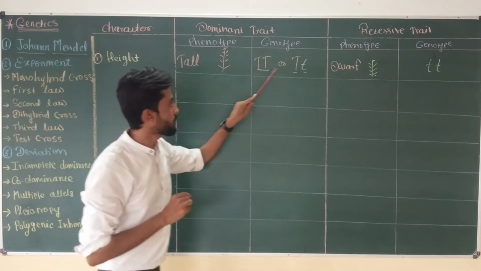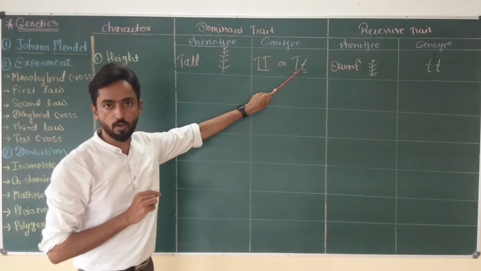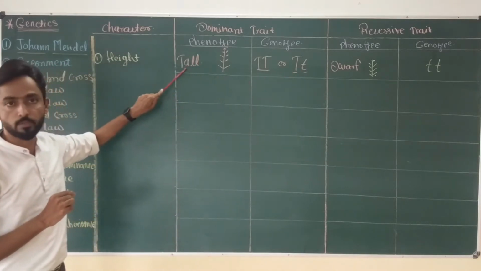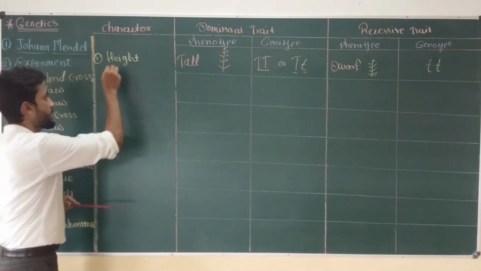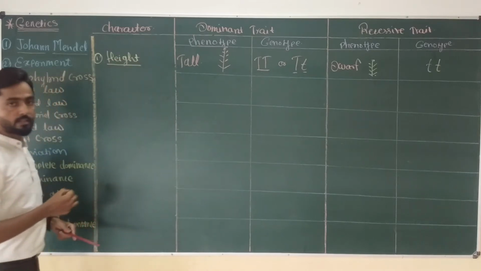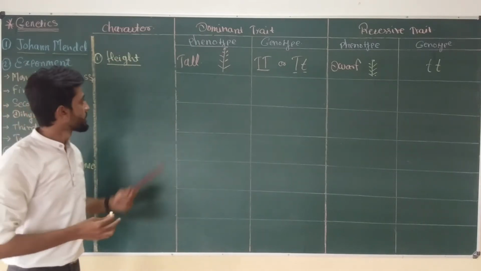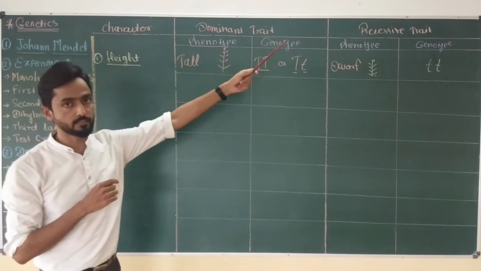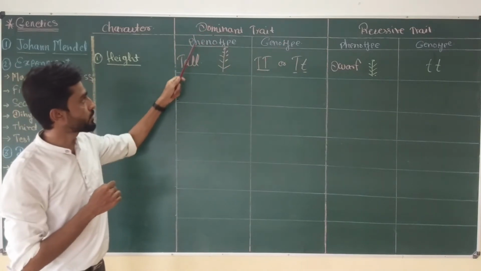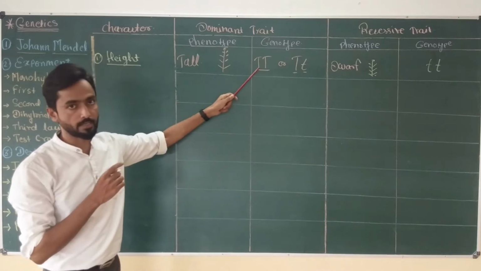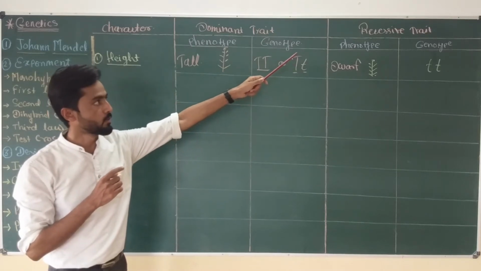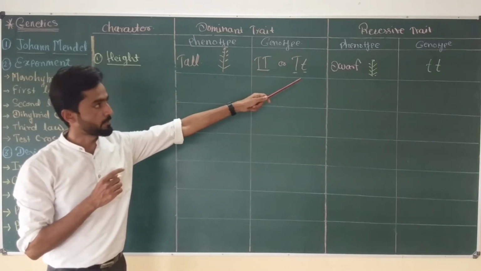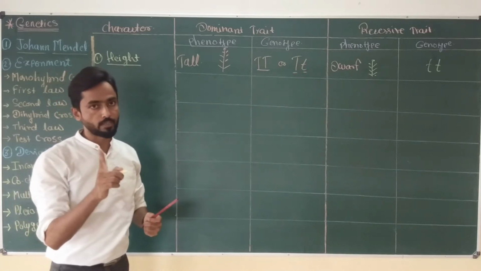If the plant has capital T or capital T small t, the height will become tall. So this is the first character which Mendel selected for his experiment, that is height of the stem. Two traits, dominant and recessive. Dominant has tall phenotype, while the genotype will be capital T or capital T small t, while the recessive has phenotype dwarf and genotype small t small t.